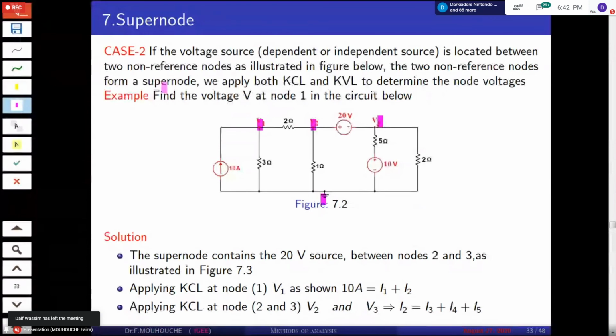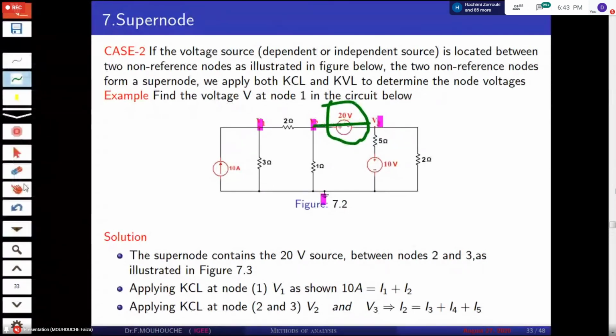As with the super mesh, here we have the non-reference nodes V1, V2, and V3. But in this space, there is a voltage source located between two non-reference nodes, which means there is a super node. So we delete this one.